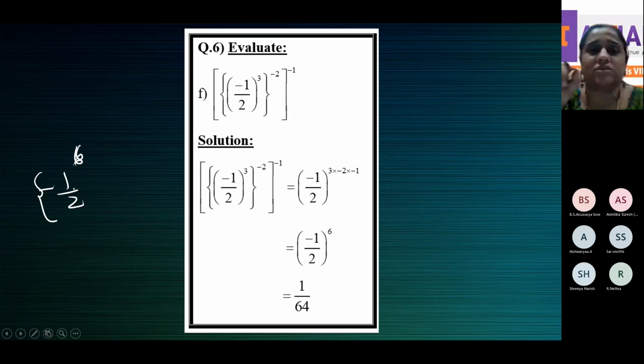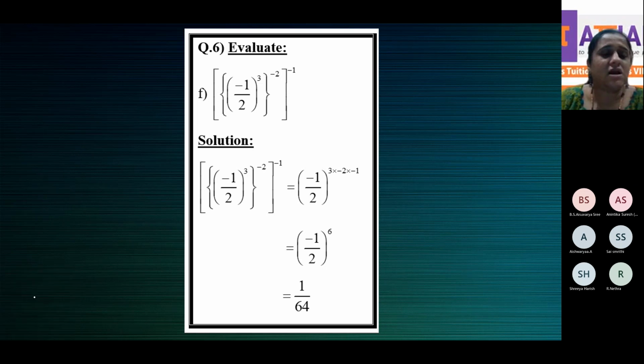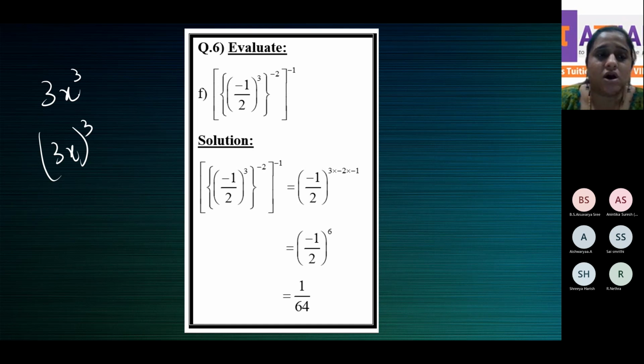Whenever there's more than one part in an expression, for example, there's a difference between 3x cubed and 3x the whole cube. There are two things here, 3 and x. If your intention is to use the power 3 only for x, then this is right.